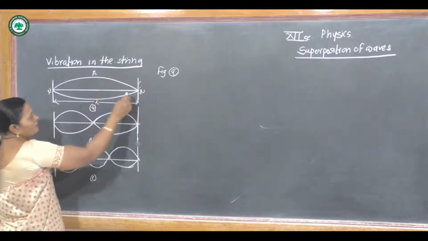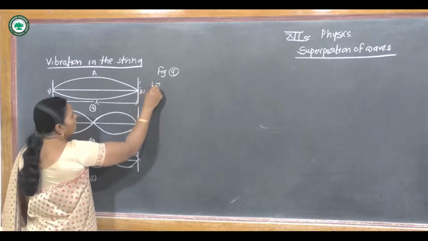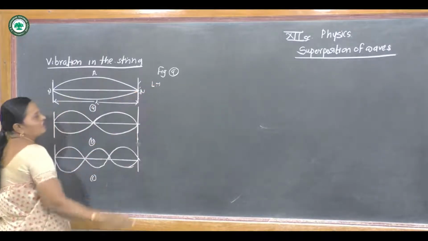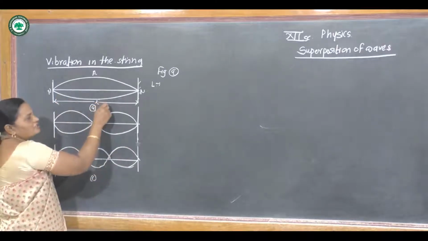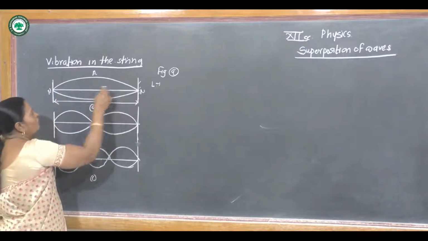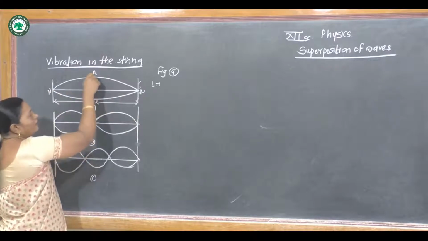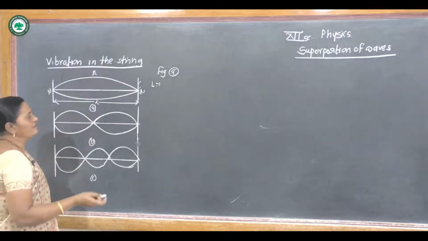Now suppose L is the length of the string. This is the lowest mode of vibration. Two nodes are formed and one antinode is formed at the center.